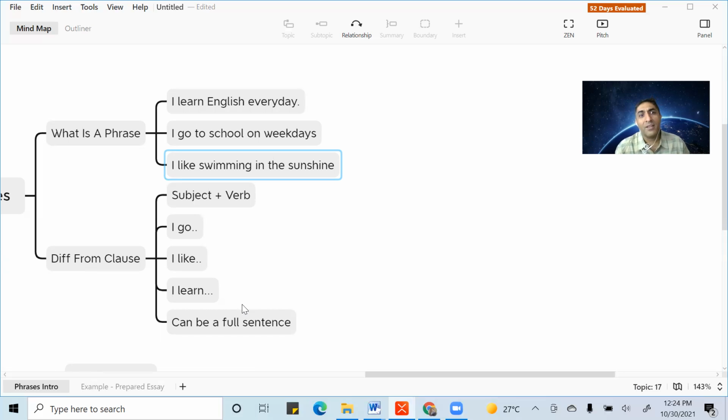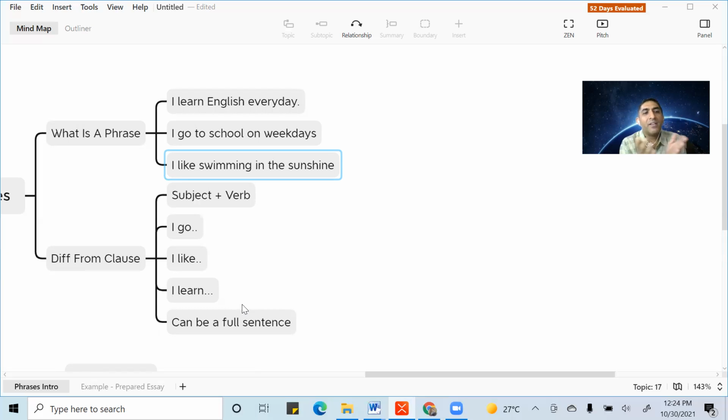I can say I play. So sometimes a clause can be a full sentence, but a phrase is not a full sentence. Learning phrases is like learning a collection of words which can express one full thought.